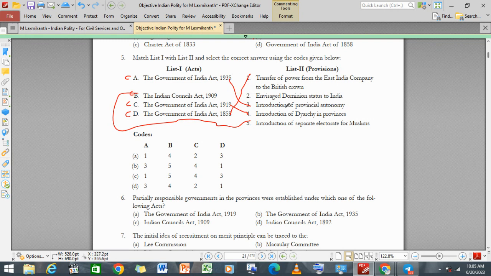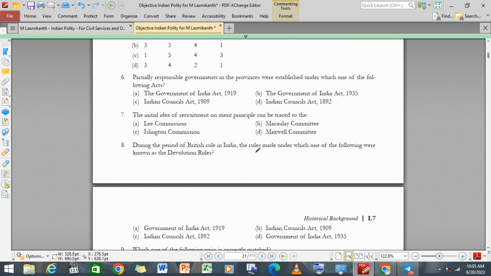So provincial autonomy will come in 35. All right, so we have done it, and this dominion status of India also came in the 1947 Act, or Indian Independence Act. Why we haven't chosen it? Because it has not been given here. All right, so let's move forward.